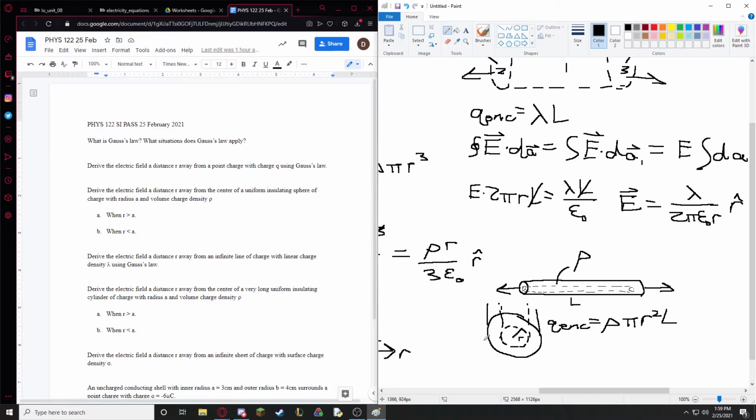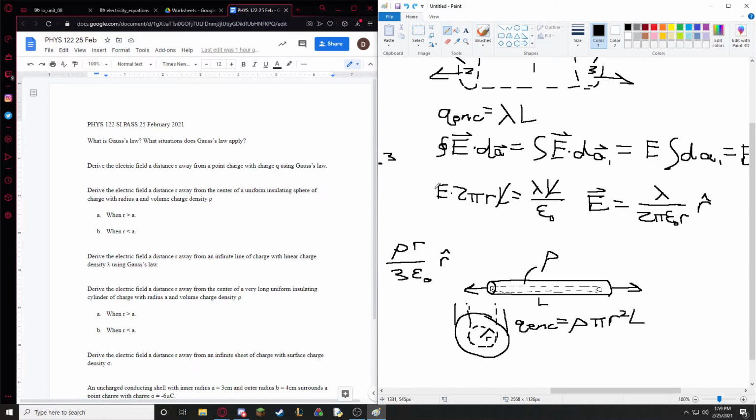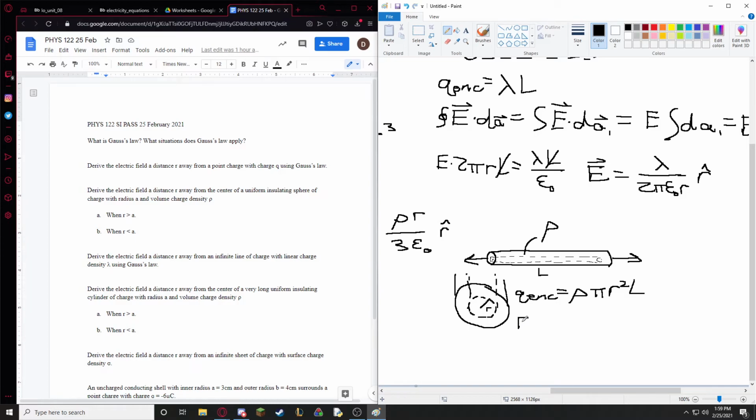We have just the area of our outer shell along this part of our Gaussian surface, and E dot dA is E times the area, which is E times 2 pi r L. So then we just plug everything in. E times 2 pi r L is equal to rho pi r squared L divided by epsilon naught, since the integral of E dot dA is equal to Q enclosed over epsilon naught.